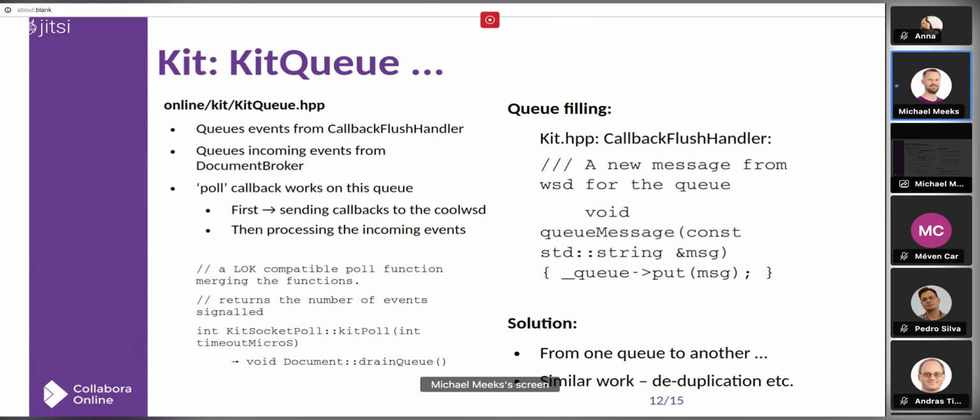And incoming events get queued with this queue message thing that just puts them in a simple queue. So there's some similar work going on there in terms of reducing duplication. But this is where, for example, tiles are rendered and we deduplicate things there. So we normalize people with similar views and we make sure that the tiles are rendered sensibly.